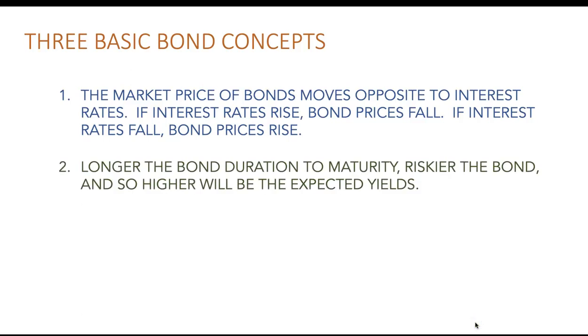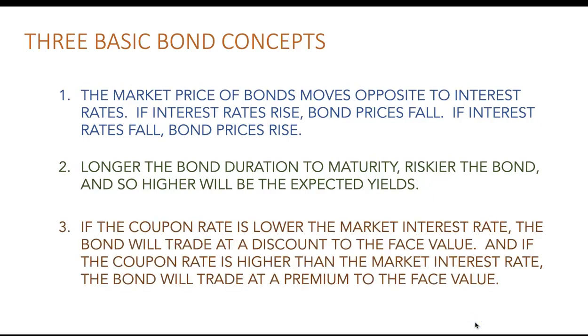Second, the longer the bond duration to maturity, the riskier the bond, and so higher will be the expected yields. And third, if the coupon rate is lower than the market interest rate, the bond will trade at a discount to the face value. And if the coupon rate is higher than the market interest rate, the bond will trade at a premium to the face value.